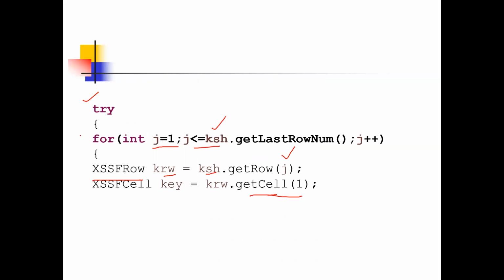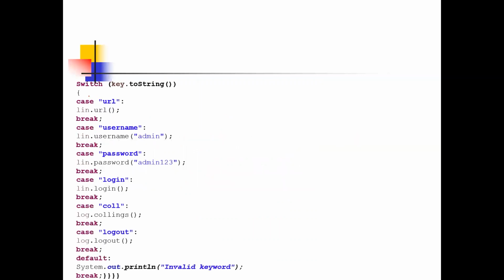You can copy it here also, because after that, for every key, we have to apply the switch case. There are 6 keys: key URL, then from the login page call this method URL; from the login page call the method username; call the login page, method password, login, logout, and so on. If the keyword is wrong, then invalid keyword.